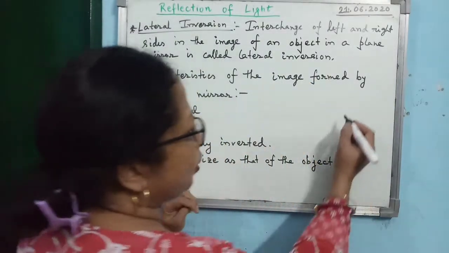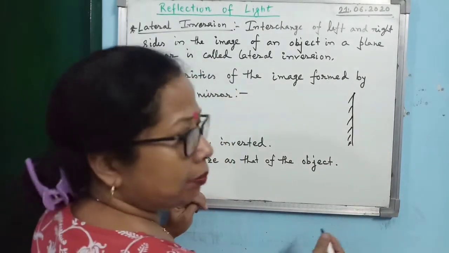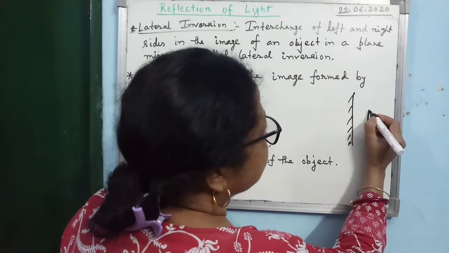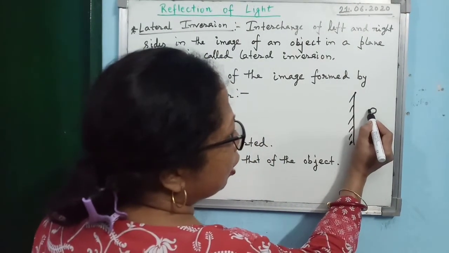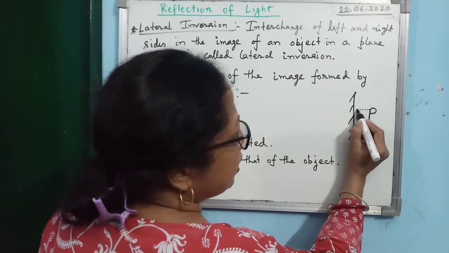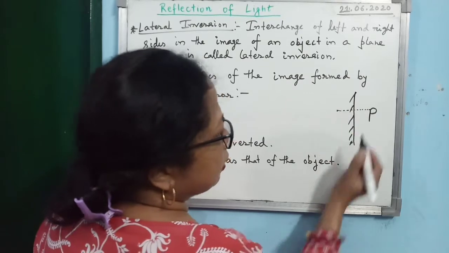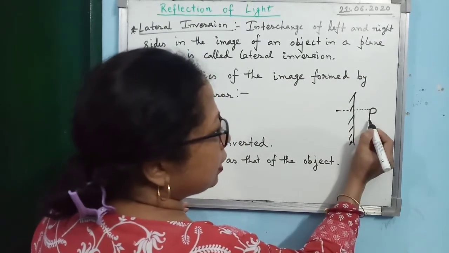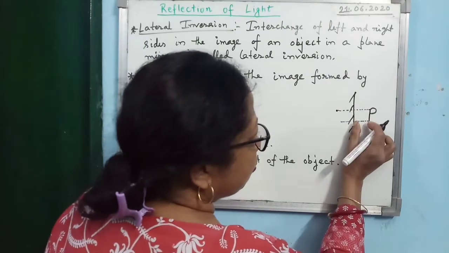Just here I am showing you this diagram; you don't have to draw it. Suppose there is a mirror here and you have kept P in front of it. Then you see how to draw the image. From this point, you just take an equal distance and mark the point here. Then from this point you also mark at an equal distance.